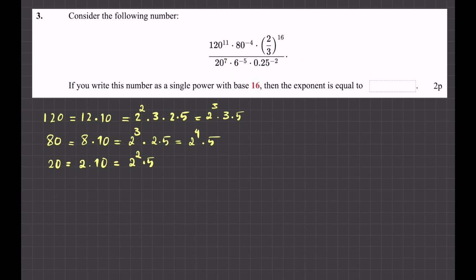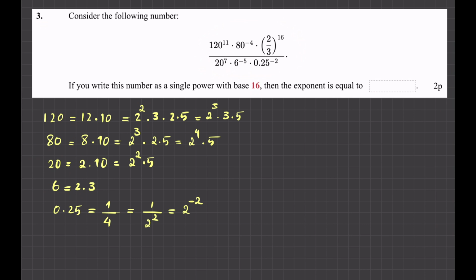Okay? And then even 6 can be factorized. 6 is factorized by 2 and 3, so 2 times 3. And then 0.25, by the experience that you have so far, it's better to write it as 1 over 4, but 4 can be factorized to 2 to the power of 2, so let me bring it up. It becomes 2 to the power of minus 2.